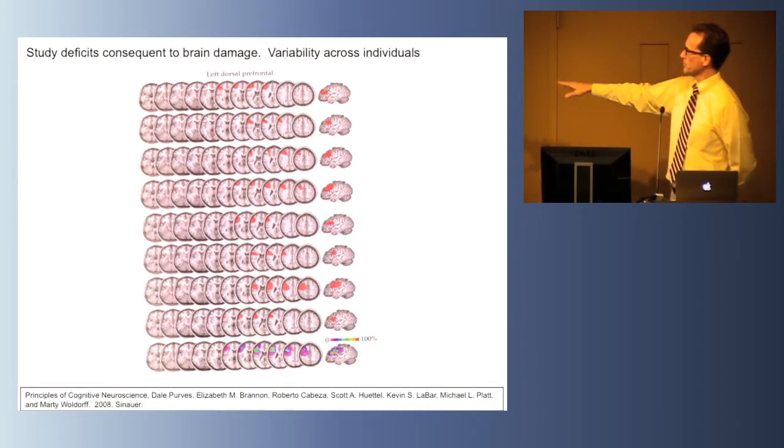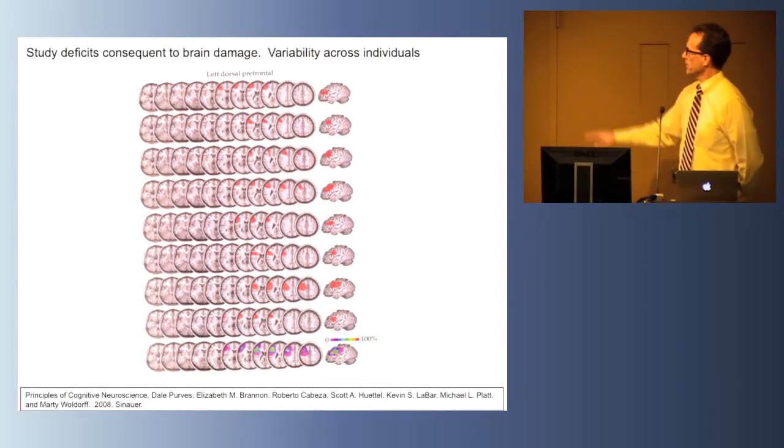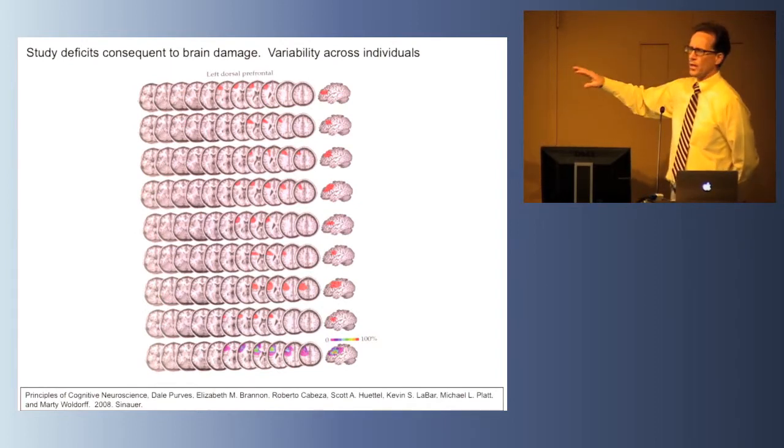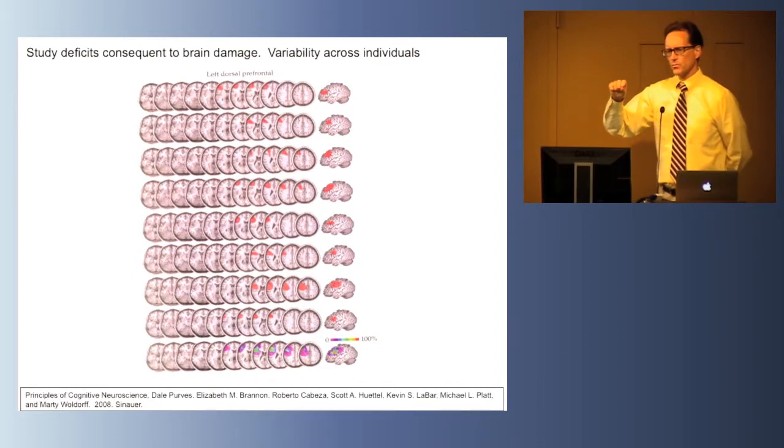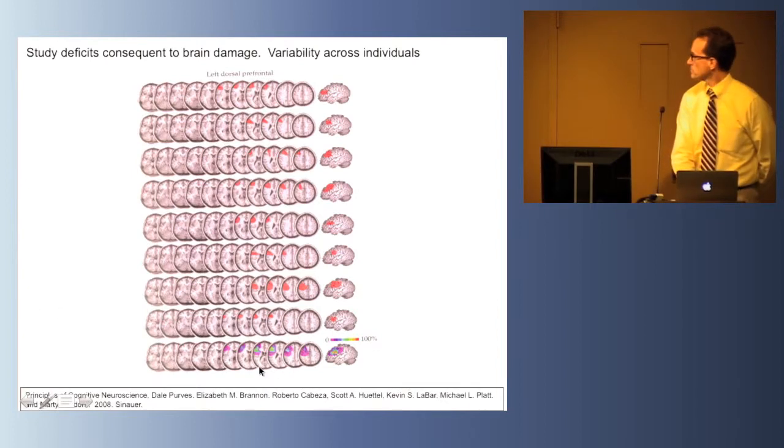So at the bottom is the structural plot of the brain, but now the colors are showing the fraction of individuals with damage to that particular region. So most people had damage in this central region where I'm pointing now, and then there's this halo where some people had damage further back, some people had damage further anterior.